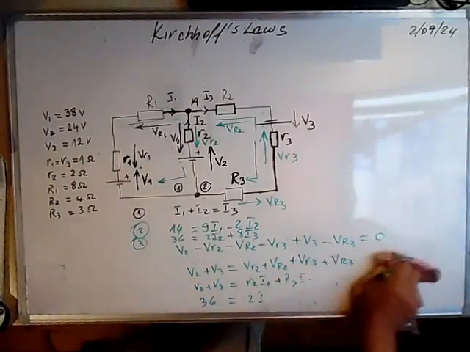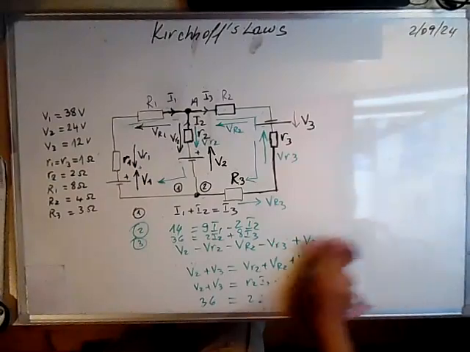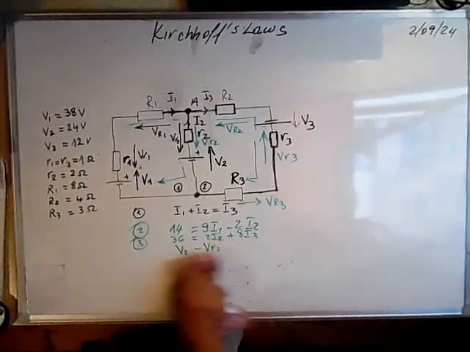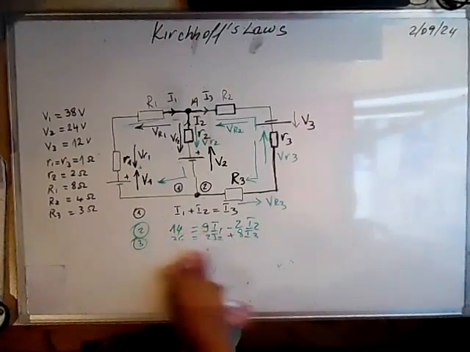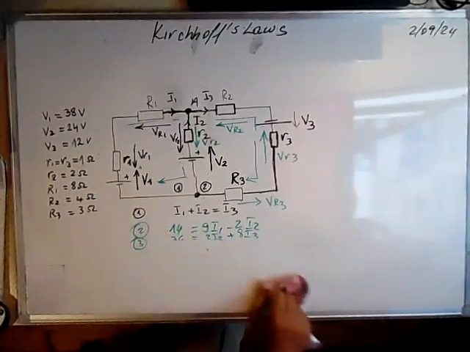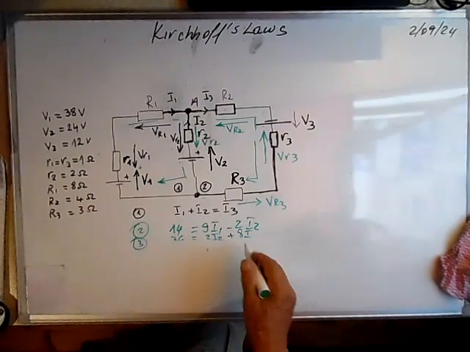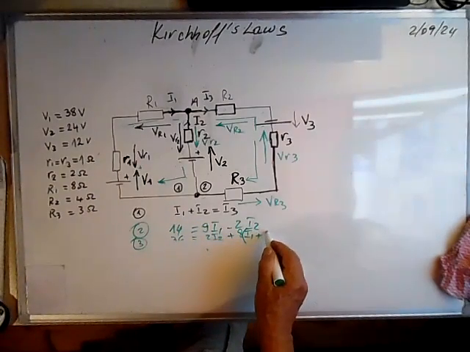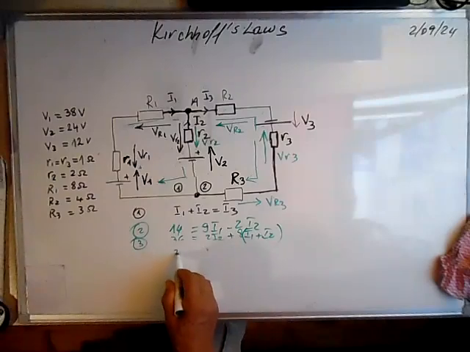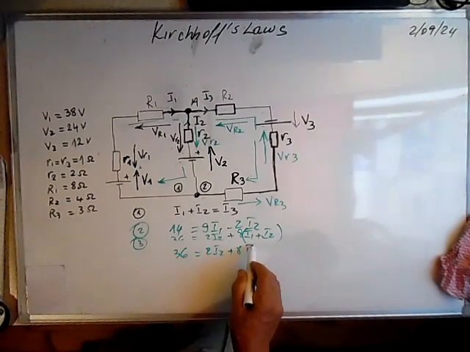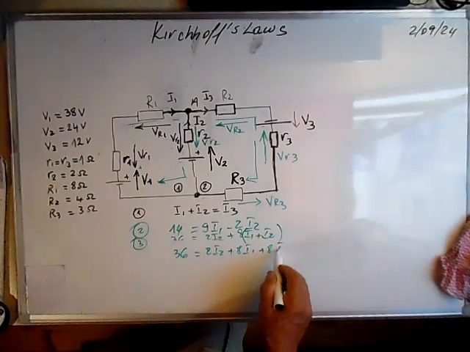Okay, we have three equations and three unknowns, but we can solve it by replacing I3 here by I1 plus I2. I1 plus I2 will give us 36 is equal to 2I2 plus 8I1 plus 8I2.